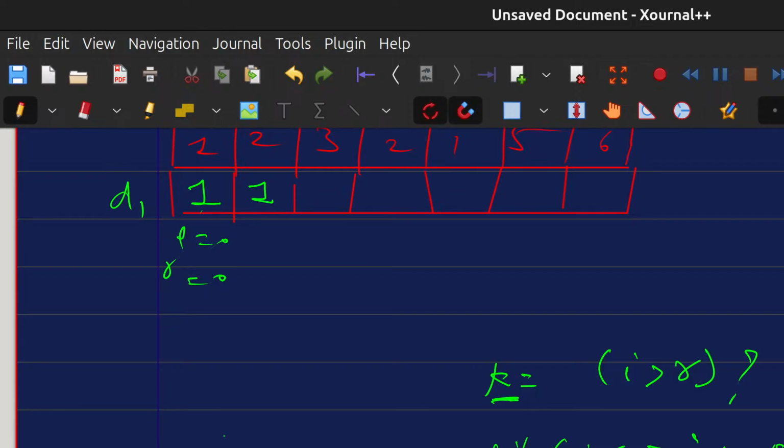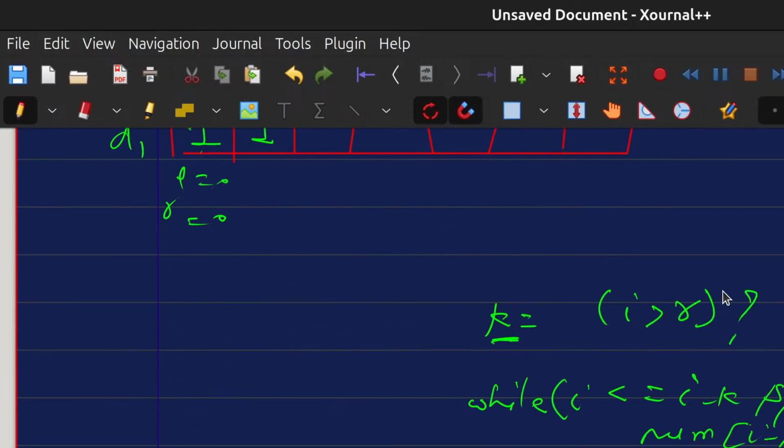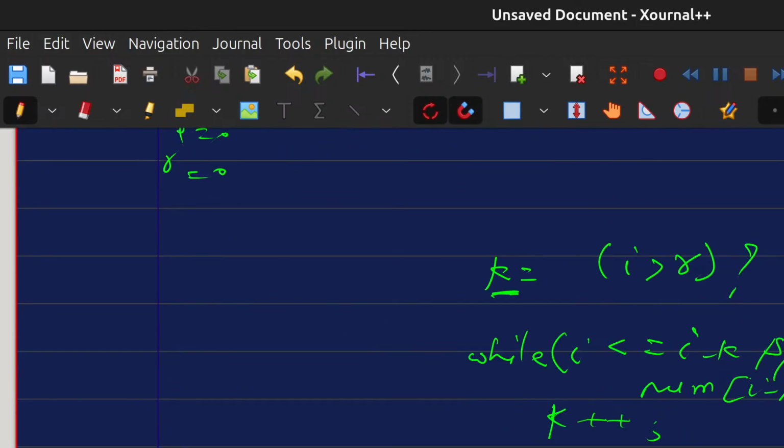There is a condition also after this: if I plus K minus 1 is greater than R, then L is equal to I minus K plus 1 and R is equal to I plus K minus 1. So we are updating L and R values.